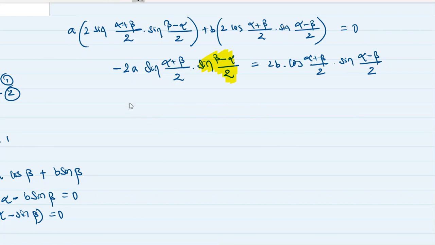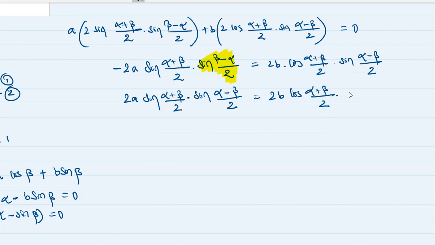So in the next step, I'm going to write 2A sin((alpha plus beta) by 2) multiplied by sin((alpha minus beta) by 2). I just put the minus sign inside, and 2B cos((alpha plus beta) by 2) times sin((alpha minus beta) by 2). You know why I did it? Because I can cut alpha minus beta straight away.